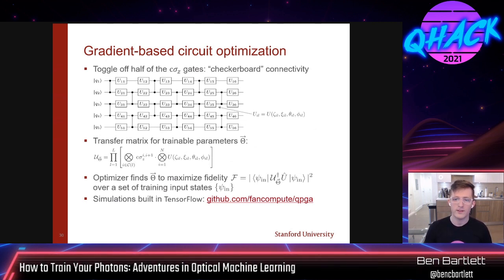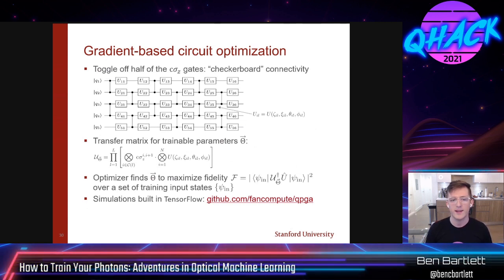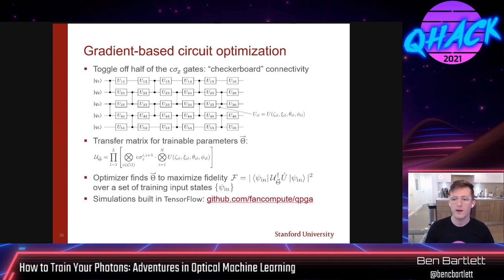So the transfer matrix of the system takes the form shown here, and the single qubit phase shifters are allowed to train around this fixed structure. So the optimization routine will then find a set of phase shifter parameters which maximizes the fidelity between the implemented operator and the target operator over a set of randomly generated training input states. Our simulations used a custom backend that we built with TensorFlow, and they're available on our group GitHub.